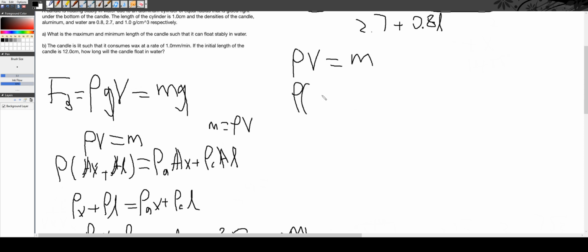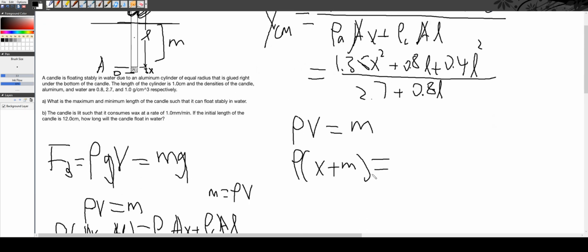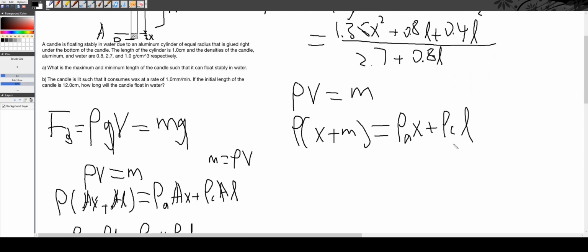So it's going to be x plus m is equal to the mass, but the mass is going to be the whole thing. So it's rho aluminum x plus rho candle and length, right? Because that's the whole thing. Now we can find the m. So let's put rho m here.